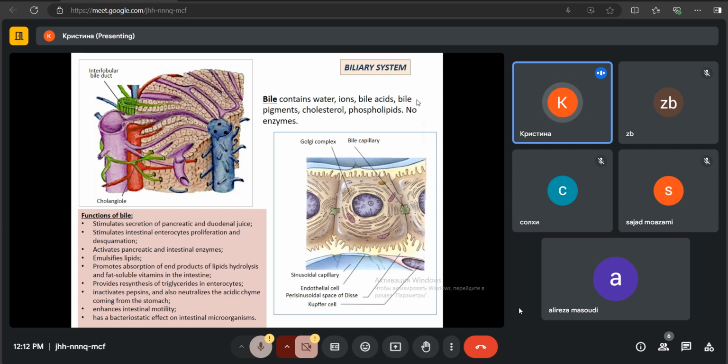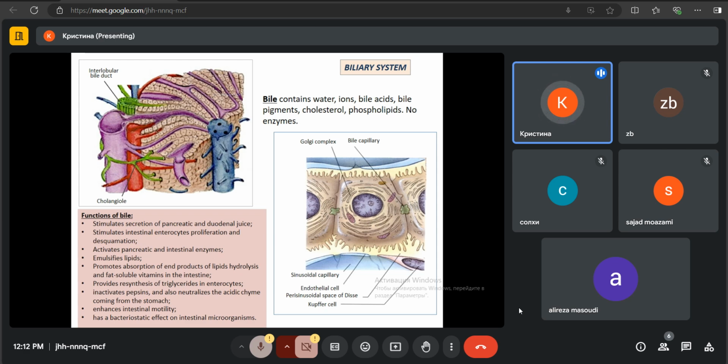So bile pigments are just the result of destroying of hemoglobin, because the hemoglobin and its metabolism products can be toxic for the body. So they should be transformed into non-toxic forms by the hepatocytes and released from the body with urine and the feces.